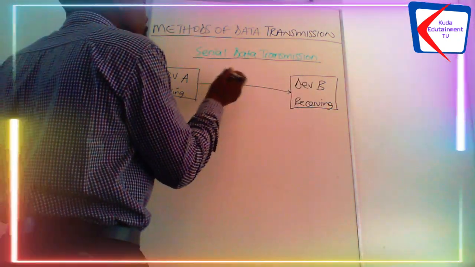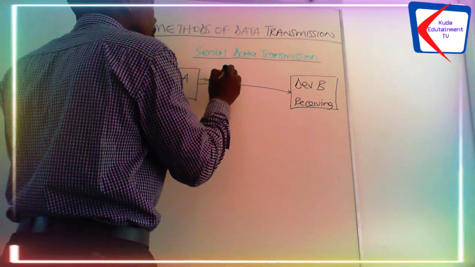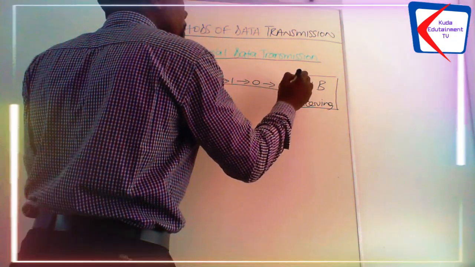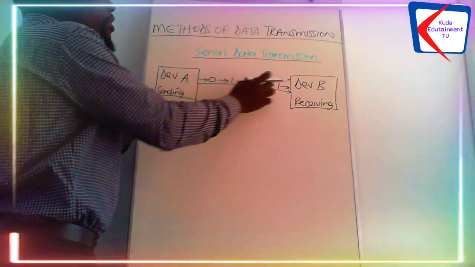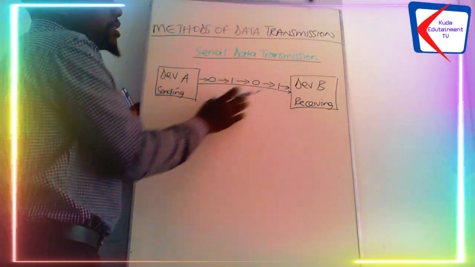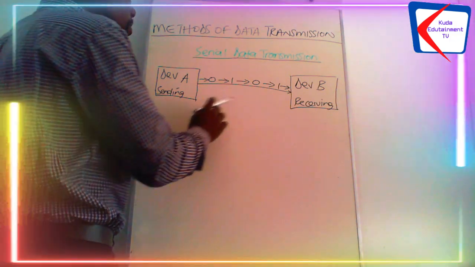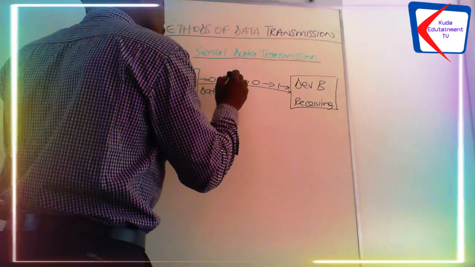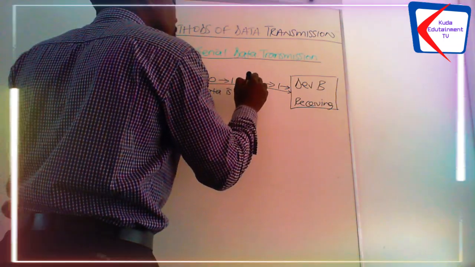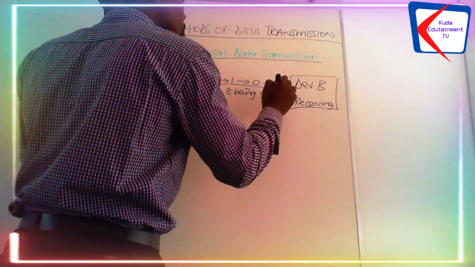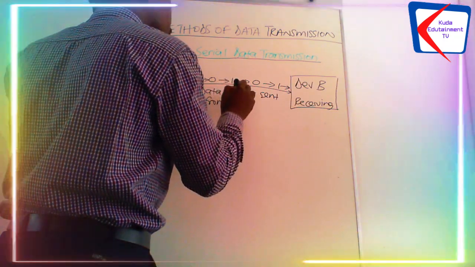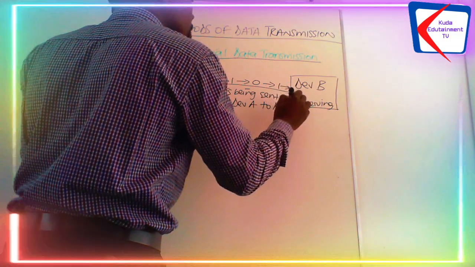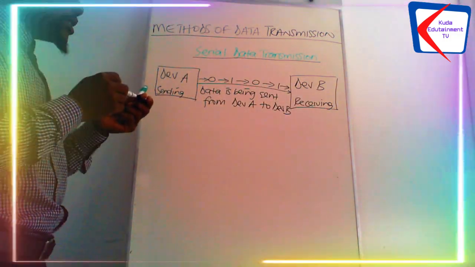Then we have our bits of data being sent here, 1 at a time along a single wire. We can label it as data being sent from device A to device B. So this is serial data transmission.